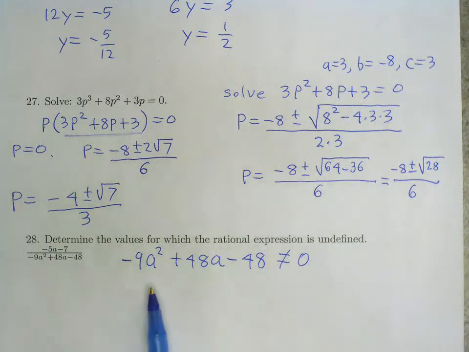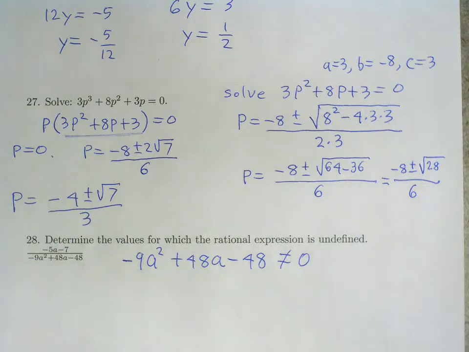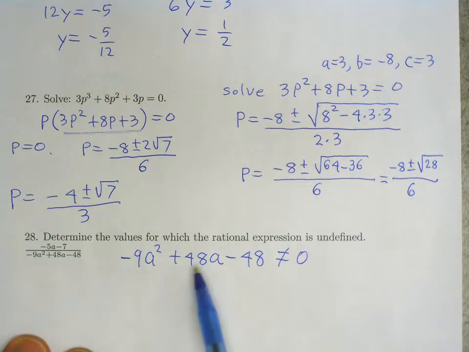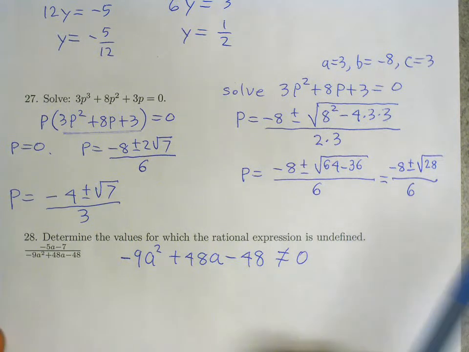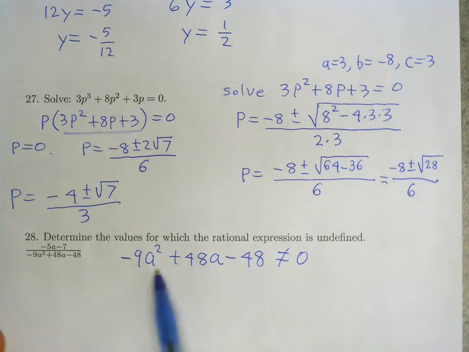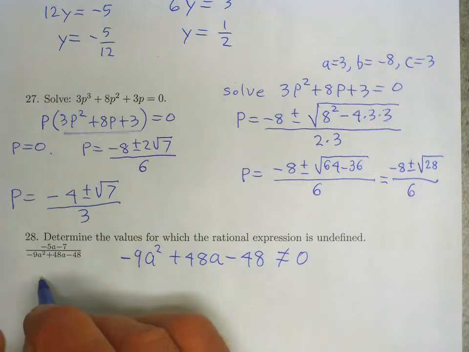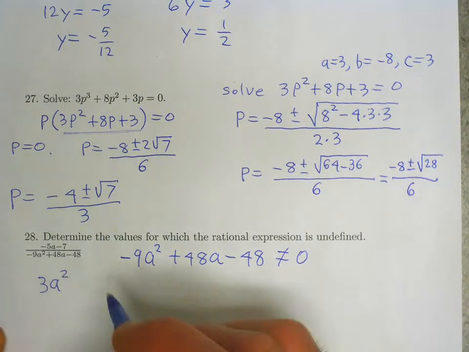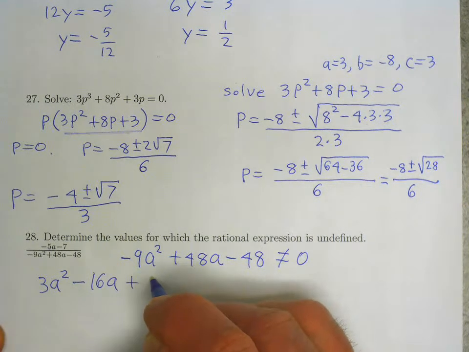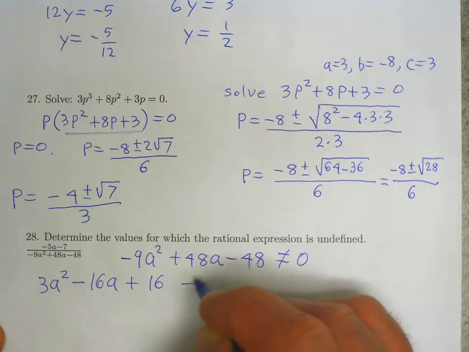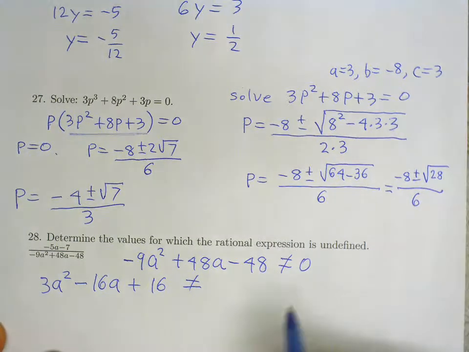And then notice that each of those 3 terms is divisible by negative 3. So I'm going to divide every term on both sides of this by negative 3. So when I divide by negative 3, I'll get 3a^2 - 16a + 16, and 0 divided by negative 3 is still 0.